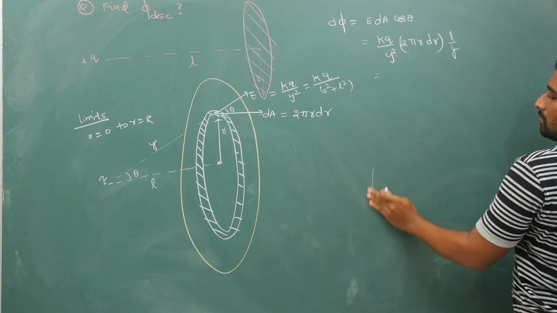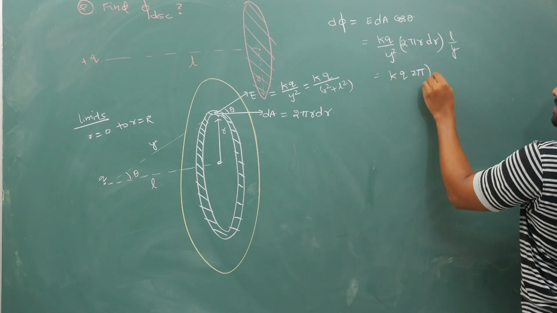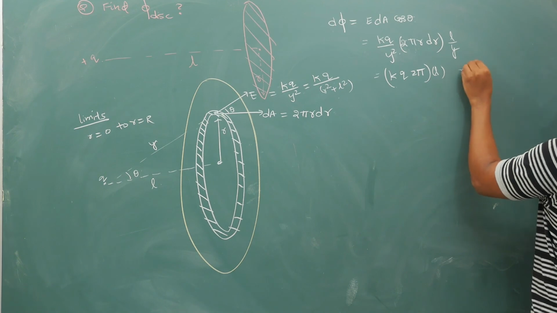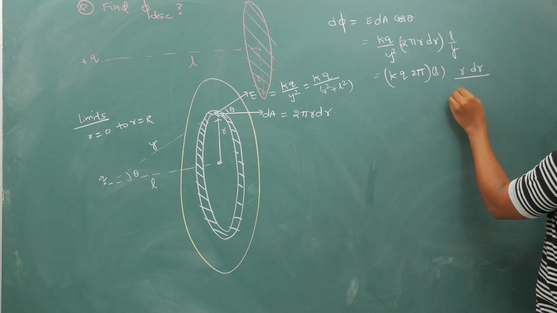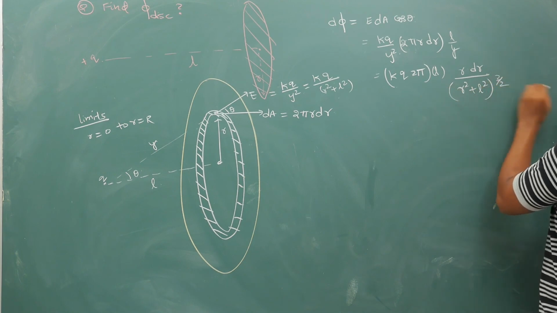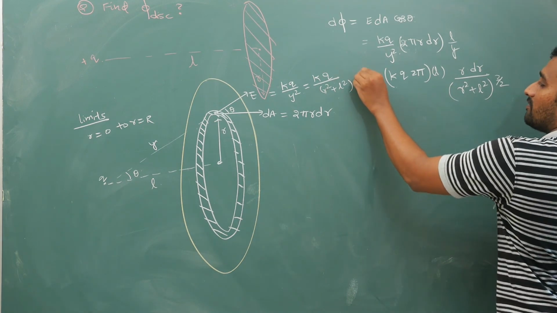That will give you kq 2 pi L times r dr by y cube, that is r square plus L square whole power 3 by 2, because y is under root r square plus L square. This is what you are going to get for small flux.